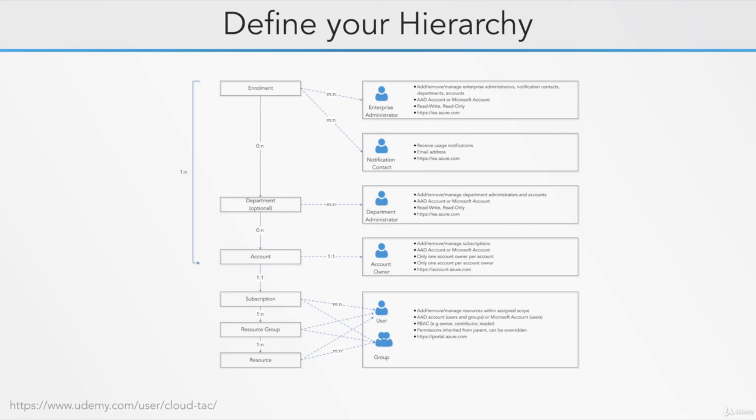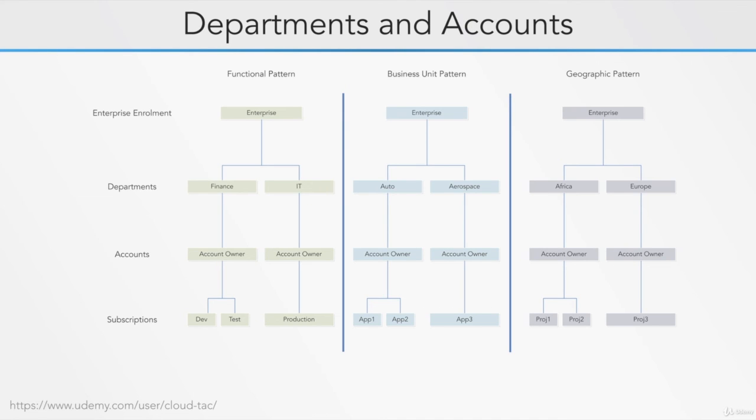Every enterprise is different, and the hierarchy allows for significant flexibility in how Azure is organized within your company. Modeling your hierarchy to reflect your company's billing, resource management, and resource access needs is the first and most important decision you make when starting in the public cloud. As mentioned, departments represent business units, functions, or geographies.